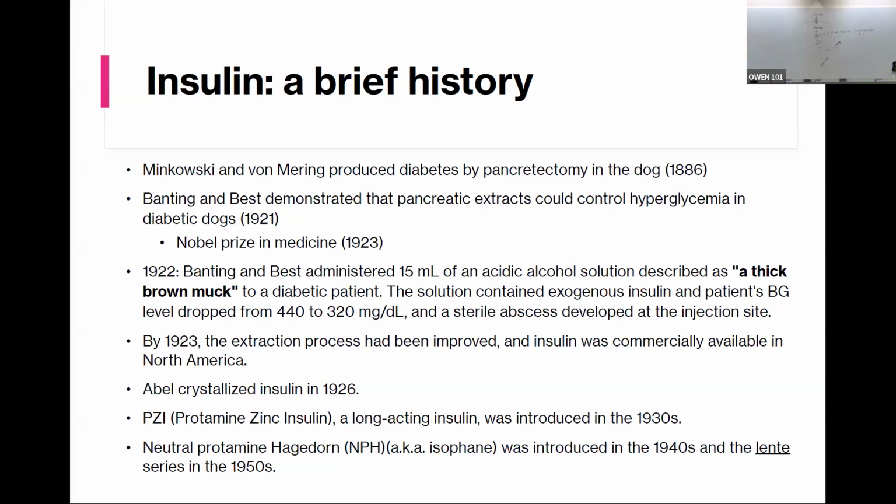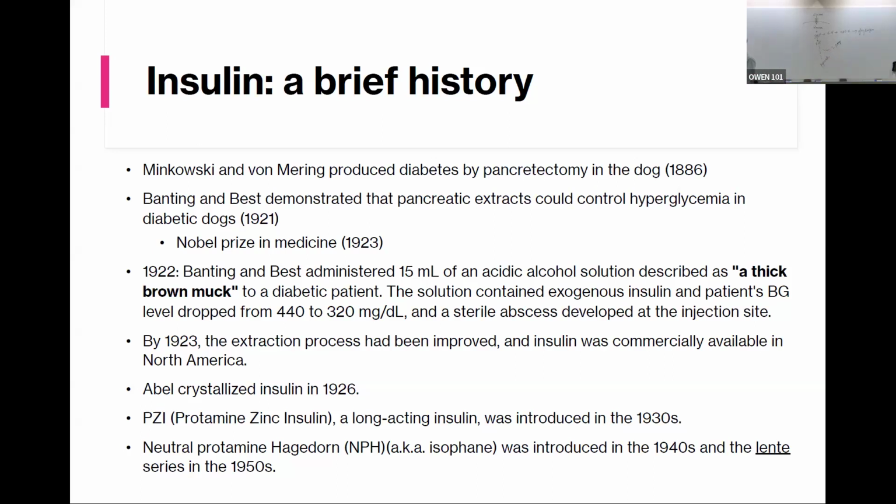Back then, they only showed the concentration drop from 440 to 320. But nowadays you cannot imagine somebody having a glucose level of 440 milligram per deciliter. Back then they didn't know what happened. They just felt weak, and had to go pee so many times. They realized all those things, but didn't know what happened.